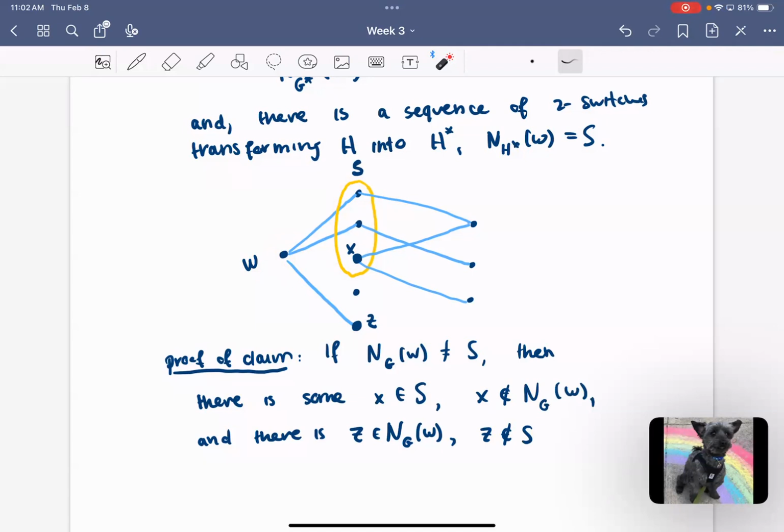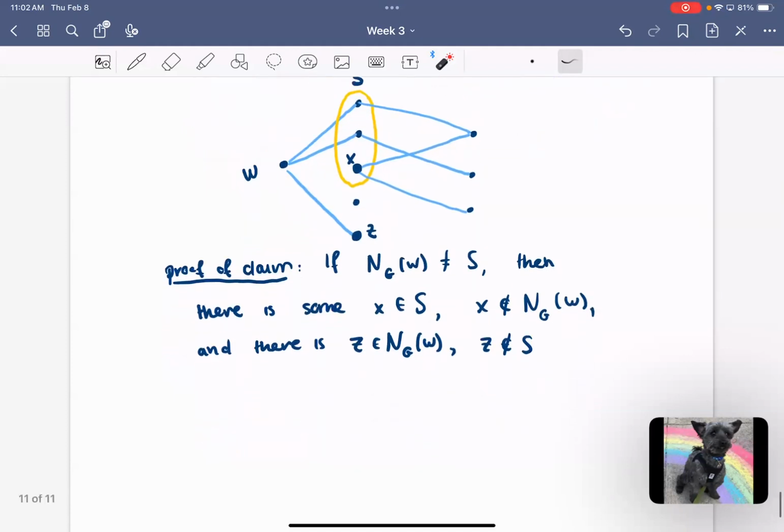Okay, so we've identified these 2 vertices, and we know the following.